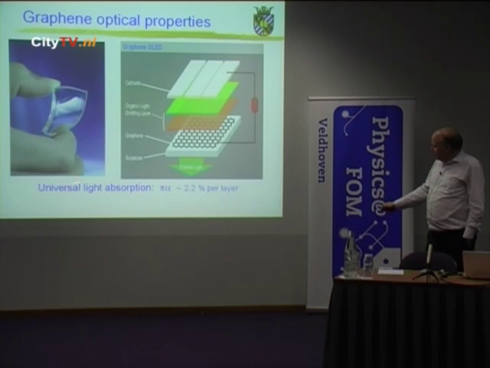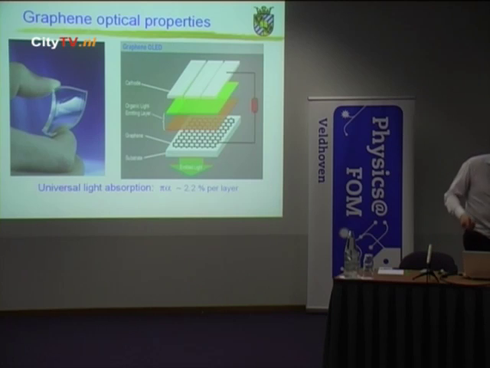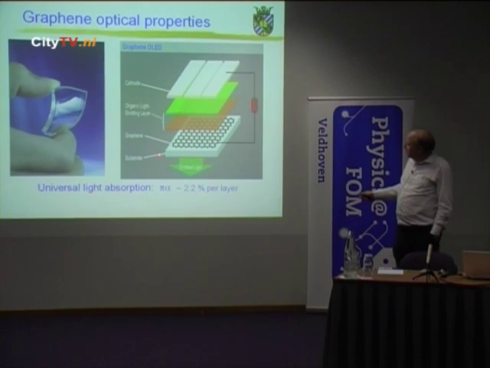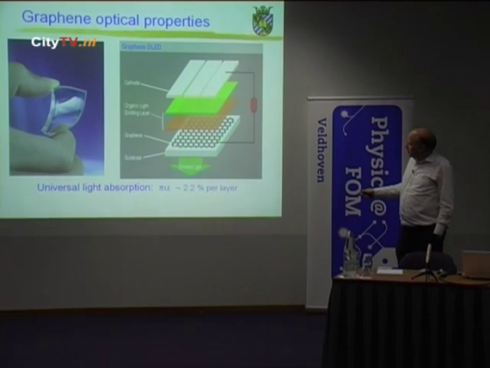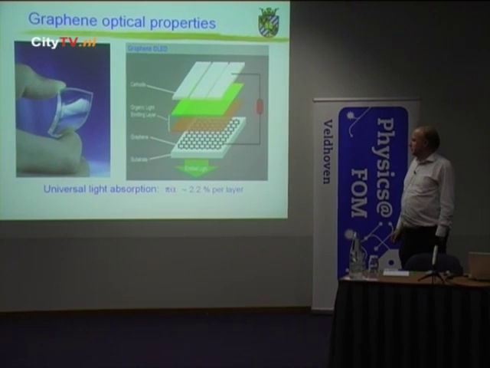So basically one layer of graphene absorbs about 2.2% of the light. And with 2 layers you can basically add the absorption. And of course that is not so much. So if you make one of these electrodes out of graphene, you only lose something like 2.2% of your light, which is not so much.